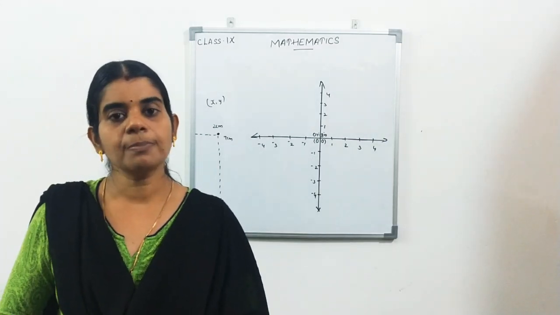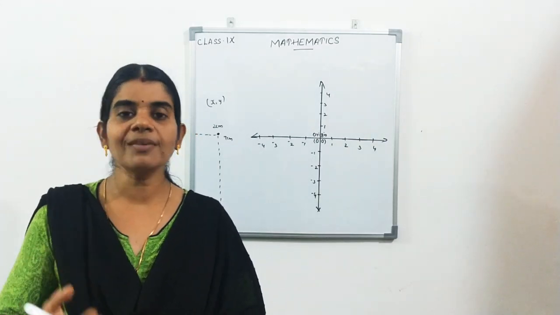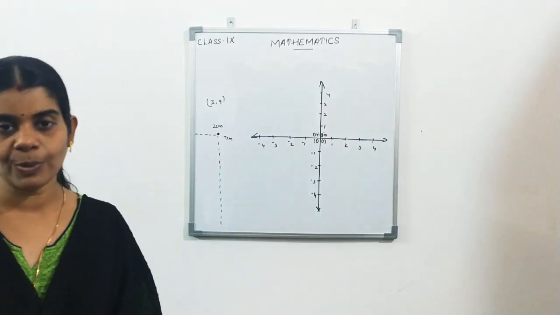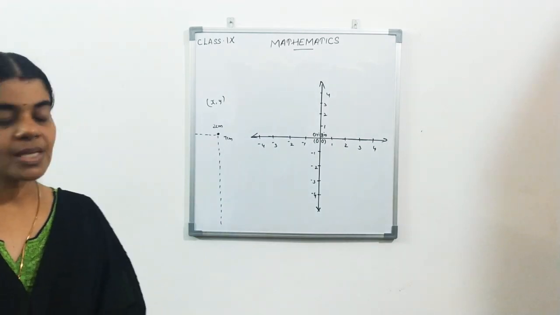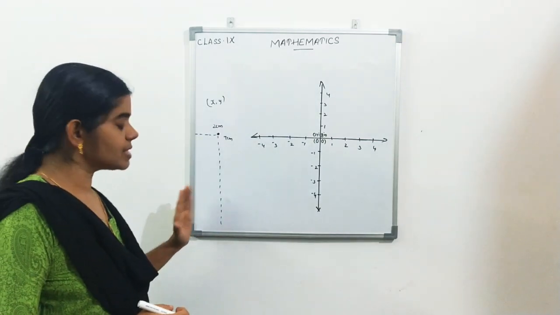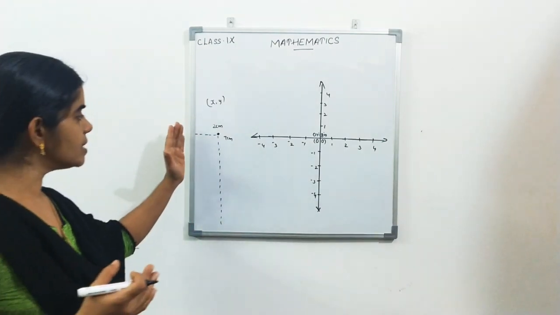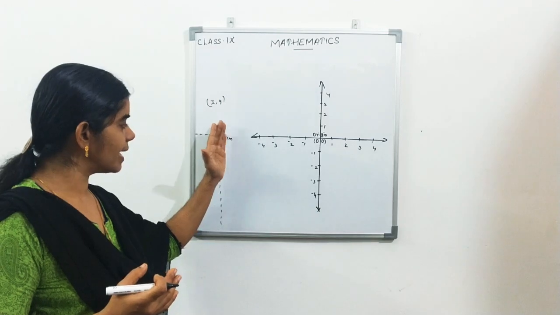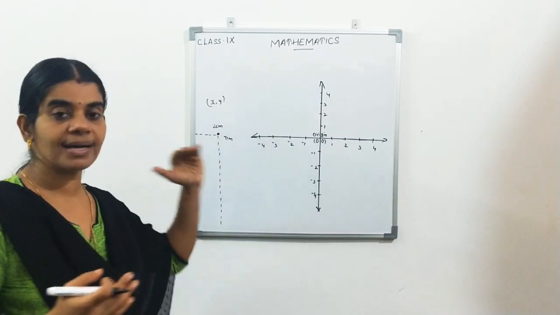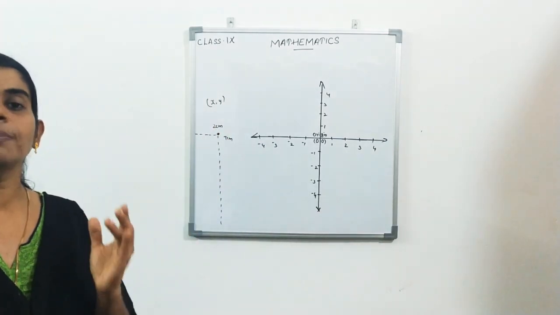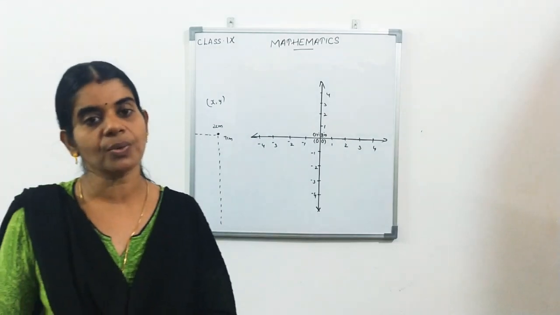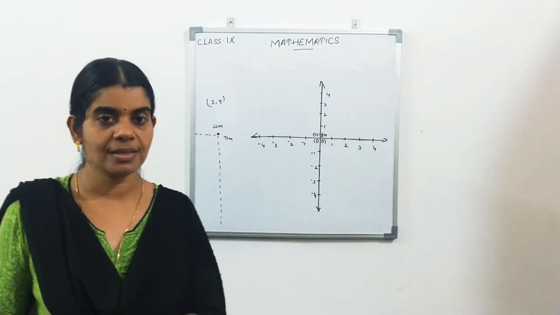To locate the position of an object, surely we need two independent values. That means two perpendicular lines are needed. Then you say how much distance from one line and how much distance from the other line. Like that, two independent observations you need to locate the position of an object.